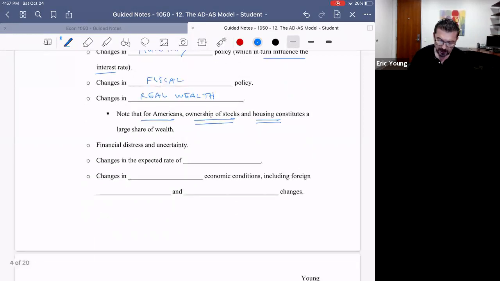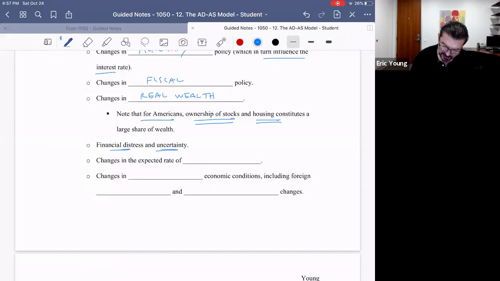Another factor that can shift a demand curve, generally to the left, would be the onset of either financial distress or just general uncertainty. When people get scared, when people feel insecure about the markets, about the economy, they tend to pull back. They tend to slow and dampen consumption and spending. They save a bit more money. They prep for the rainy day. Okay.